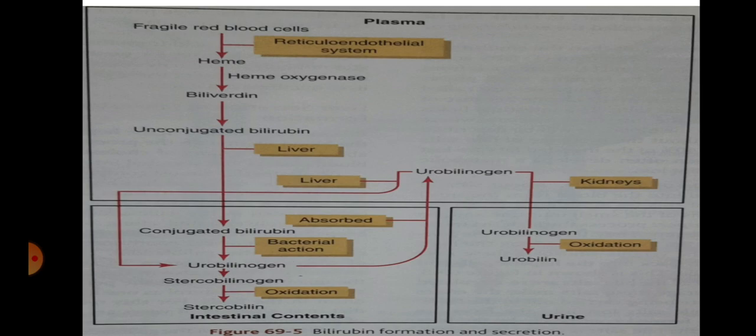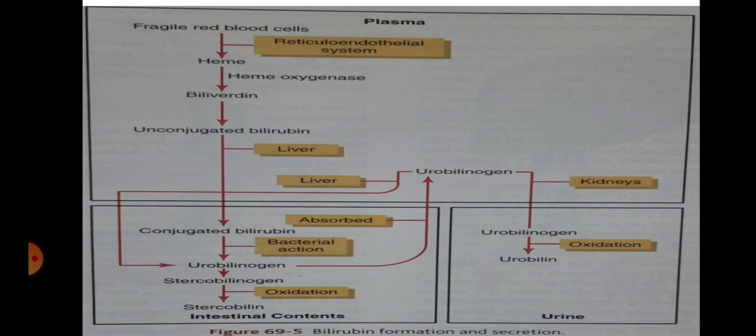After exposure to air in the urine, the urobilinogen becomes oxidized to urobilin. Alternatively, in the feces, it becomes altered and oxidized to form stercobilin. These interrelations of bilirubin and the other bilirubin products are shown in figure 69.5.